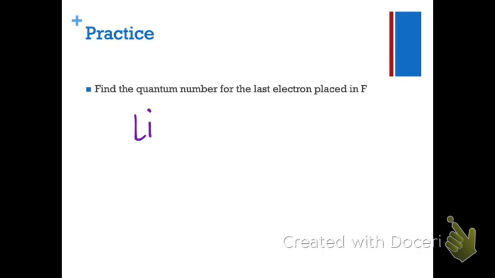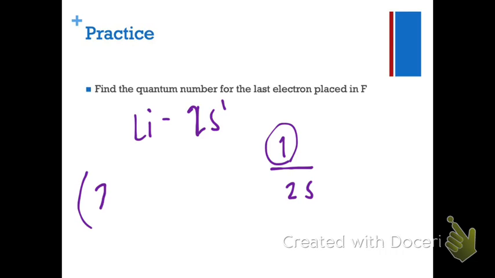Lithium is 2s1. We agree? Yes, 2s1. So here's my 2s orbital. There's only 1 electron in it, so I'm looking at this one. The first part of my quantum number is 2. The s orbital tells me 0.